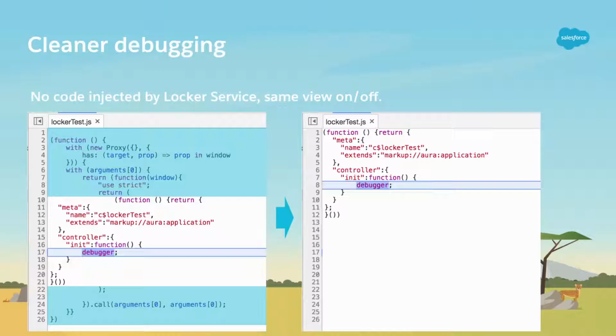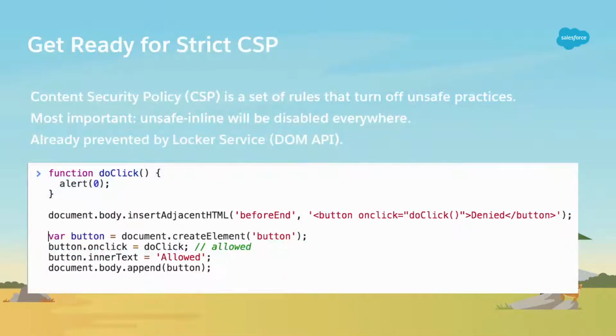After that, coming maybe next release, the next release after will bring CSP and Strict CSP. So CSP is a set of browser features, a set of policies that we can turn on and off at a very granular level in the browser. There are two that are extremely important, unsafe eval and unsafe inline.